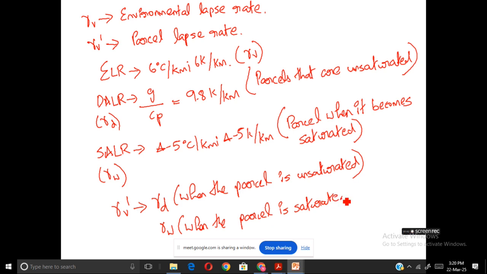It is the dry adiabatic lapse rate when the parcel is unsaturated, and the saturated adiabatic lapse rate when the parcel is saturated.